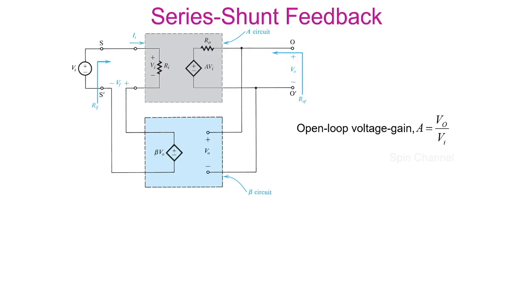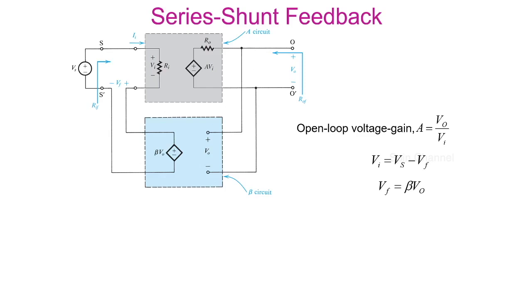Now, the input to the amplifier is given by Vi equals Vs minus Vf, as this is a negative feedback. The feedback voltage Vf is equal to the feedback factor beta times the output voltage.